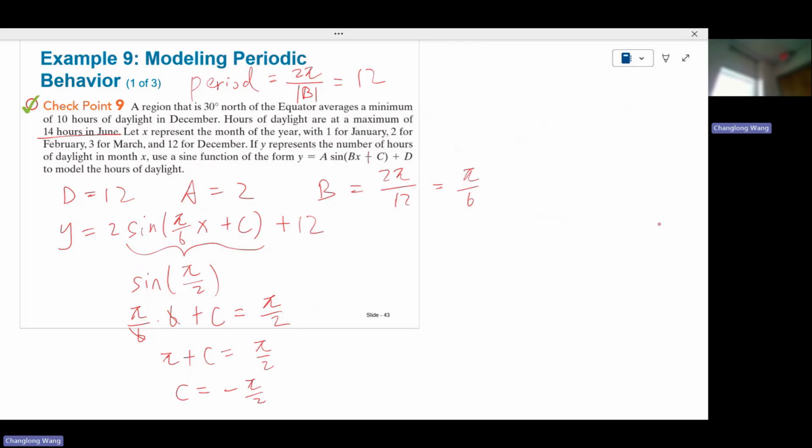Then of course, when it comes to the C, remember to pick the maximum, because that's when the function is going to reach the maximum. Pick the maximum of the sine, and remind yourself that sine is going to reach the maximum when the angle is pi over 2. So you're just thinking, what kind of C will make this whole angle become pi over 2 when I demand that x is the moment when the function reaches the maximum? So that's why I plug in a 6, which stands for the June.